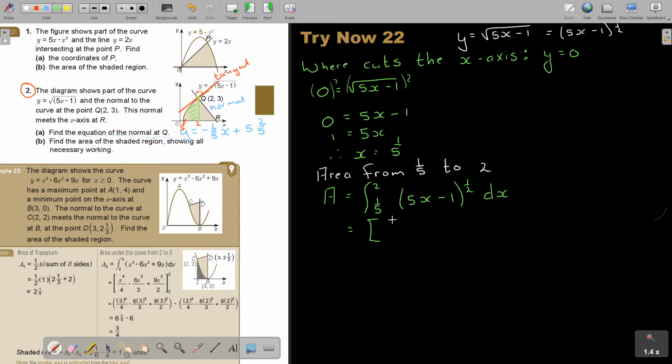So it's going to be 1 over 5 multiplied by 5x minus 1. If I add 1, so plus 2 over 2, it's 3 over 2. And I divide by 3 over 2, between 2 and 1 over 5. So this will be 1 over 5 multiplied by 2 over 3, and that's 2 over 15.